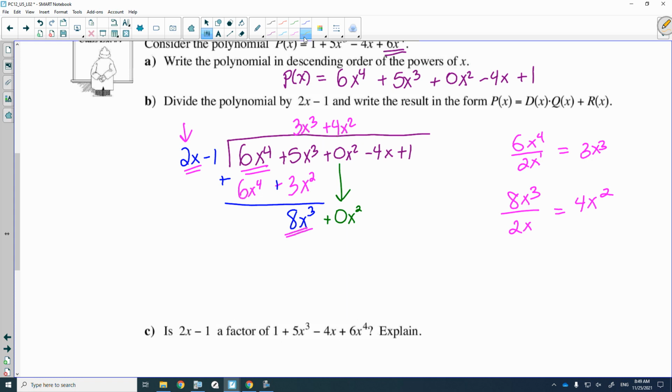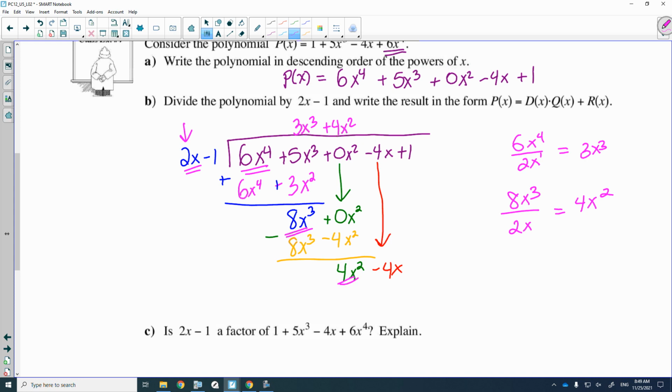So 4x squared times 2x is 8x cubed, and 4x squared times negative 1 is negative 4x squared. From here, you subtract. 8 minus 8 cancels. 0 minus negative 4 gives you 4x squared. Bring down your next term, which is minus 4x, and then repeat.